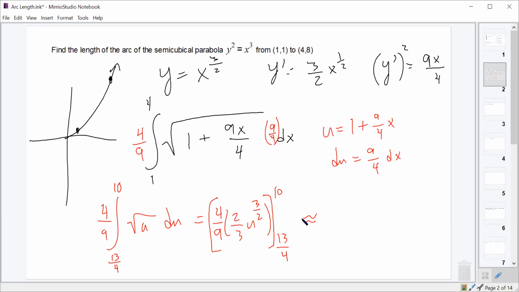It's probably easier if you just approximate it from the original integral, but it's good to know how to do it. Make sure we're not forgetting our basic integrals. So what's the integral from 1 to 4 of root 1 plus 9x over 4?